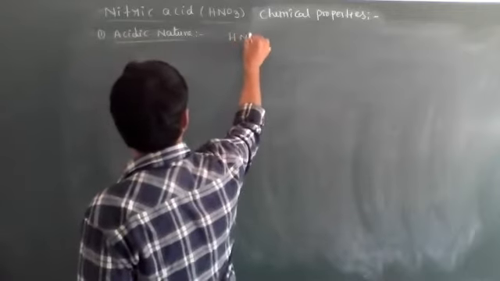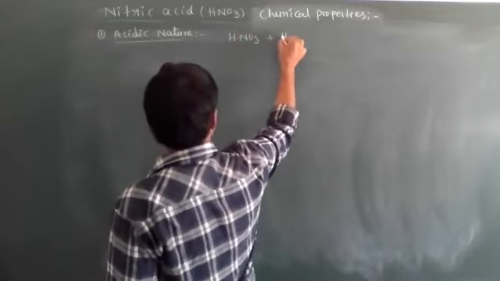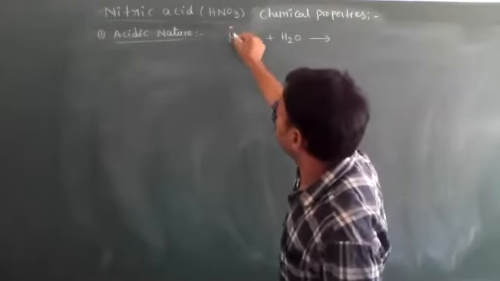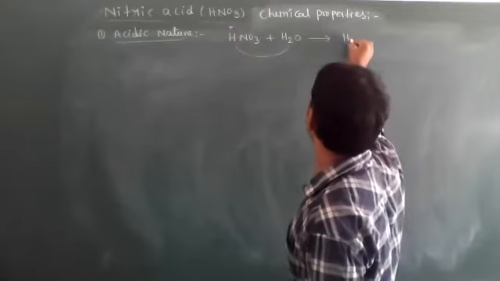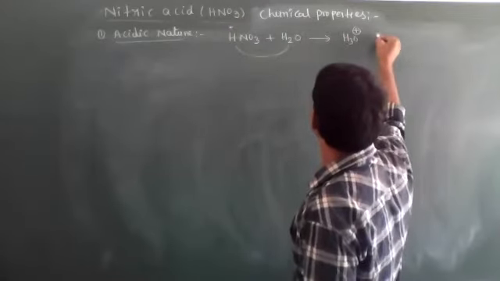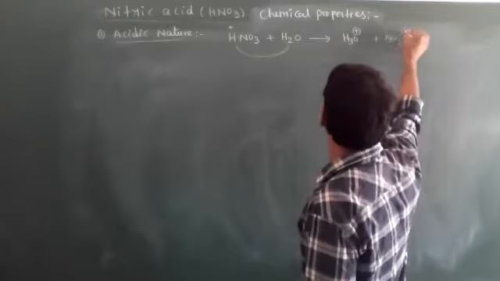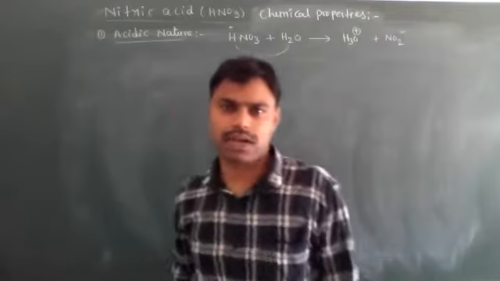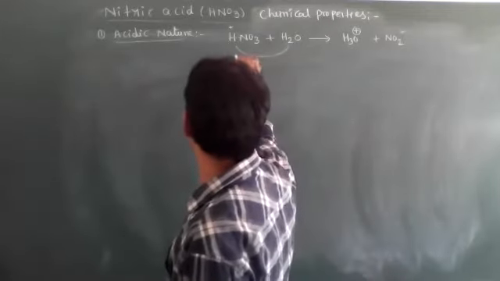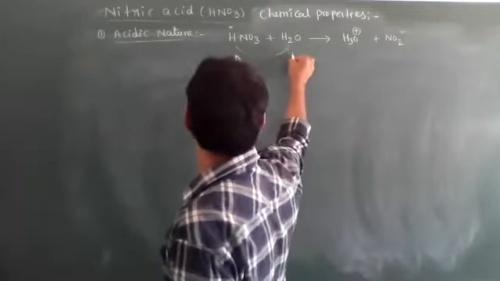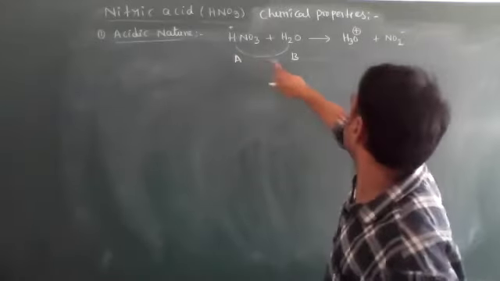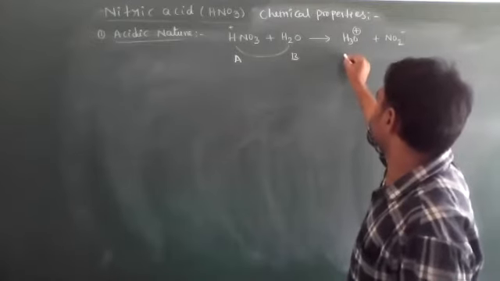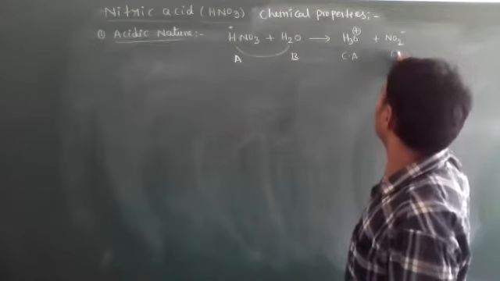Whenever HNO3 is present in water, it donates an H+ ion, and immediately forms H3O+, the hydronium ion, plus NO3-. According to the acid-base concept, the proton donor is the acid and the proton acceptor is the base. That's why it is an acid, and water is a base. For an acid there is a conjugate base, and for a base there is a conjugate acid.